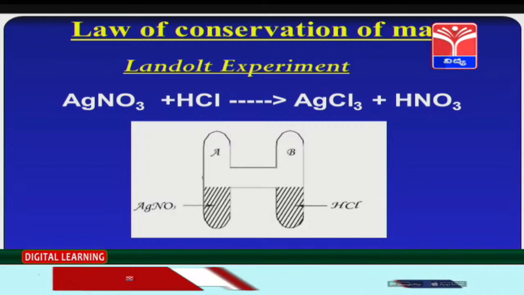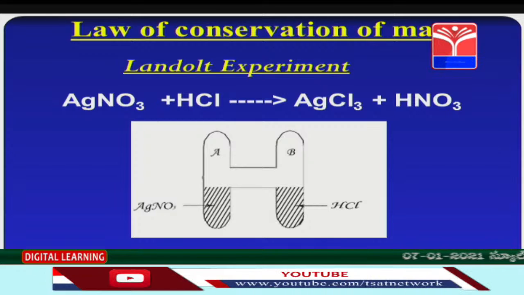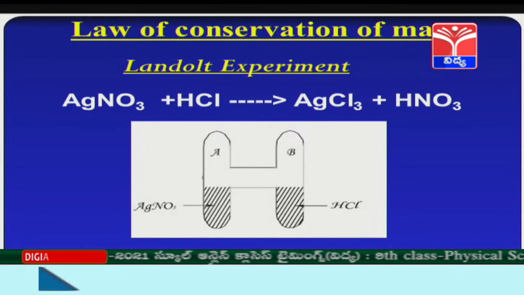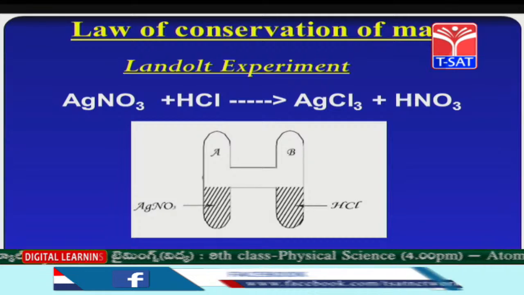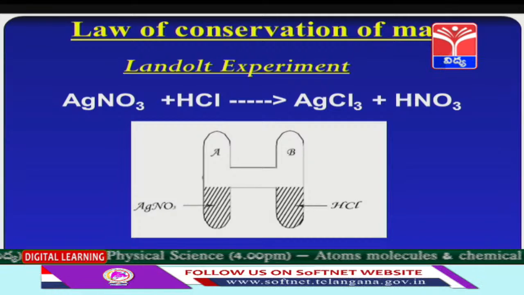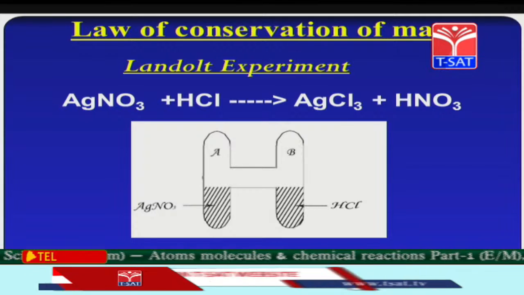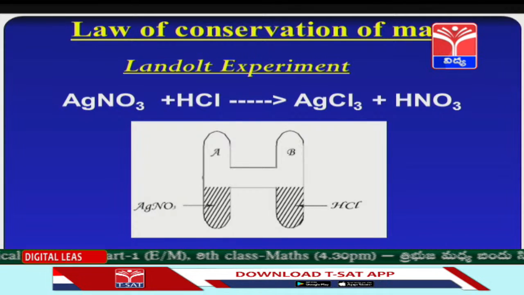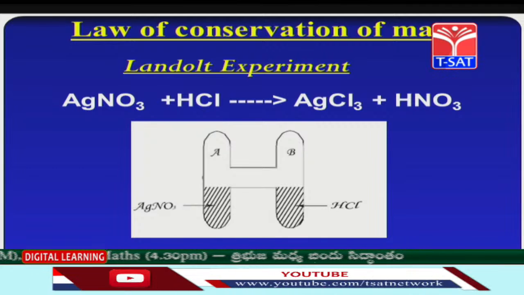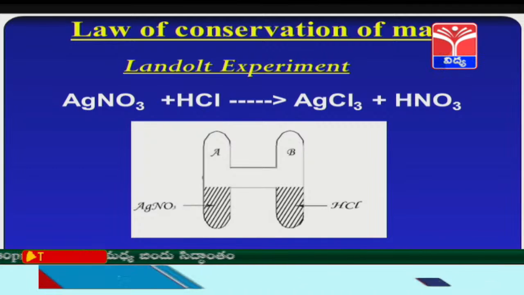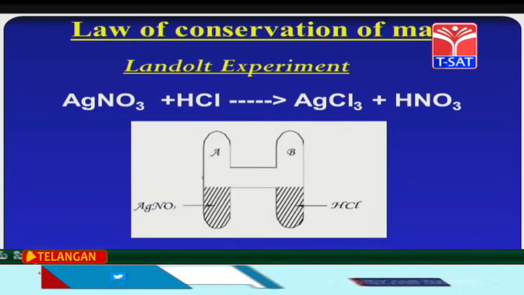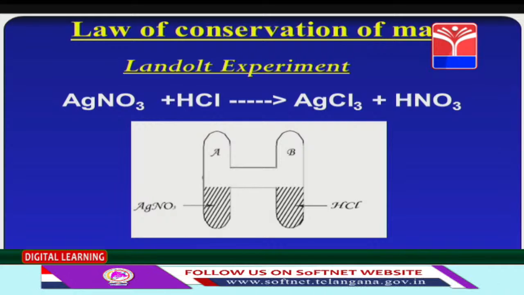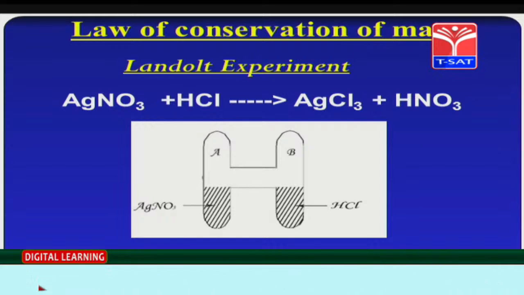Now, you can see in this picture, they are not mixing with each other. So, he found the weight of silver nitrate and hydrochloric acid before reacting with each other, and then afterwards, when these test tubes were connected and the reaction took place, silver chloride and nitric acid were formed, and now he observed that the weight of the products was equal to the weight of the reactants. So, this proves the law of conservation of mass.